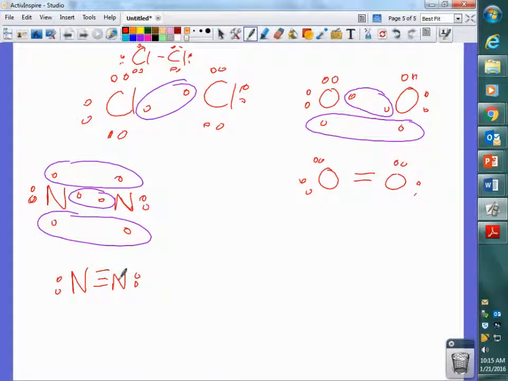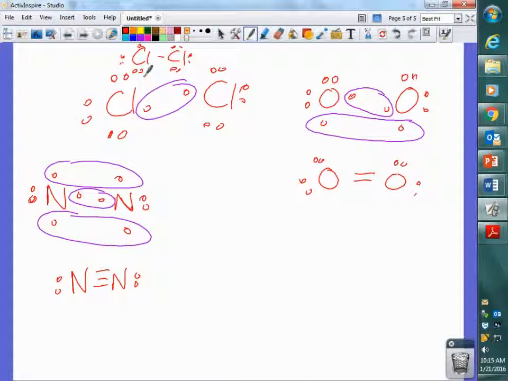It's got 6, but we said each line represents what? Shared valence electrons. How many shared valence electrons? 2 shared valence electrons. So the chlorine has 6 valence electrons of its own, plus the line, that counts for 2, that's 8, right?